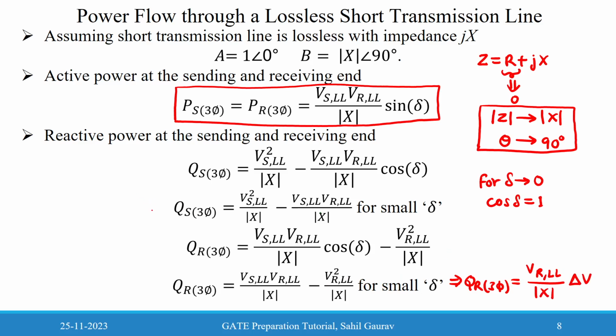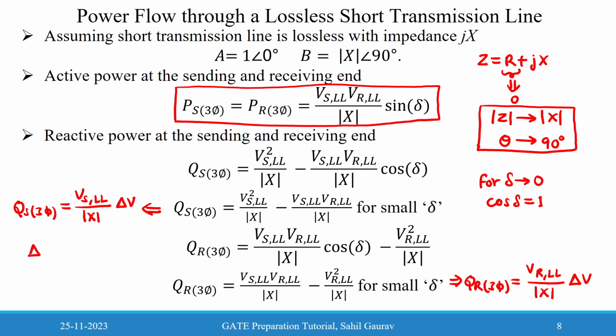And here also, in QS 3 phase, you take VSLL divided by mod X common, then the inside term will be VSLL minus VRLL.